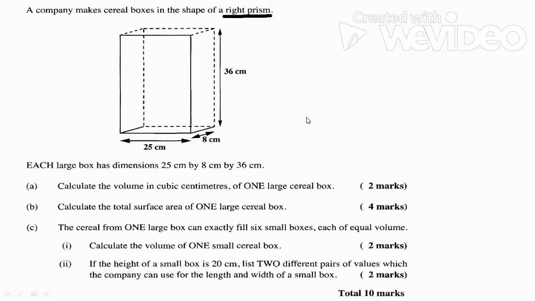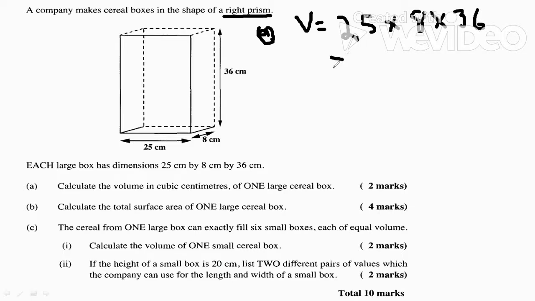All right. So volume for part A, it will be just 25 multiplied by 8 multiplied by 36. All right. Somebody compute that for me.